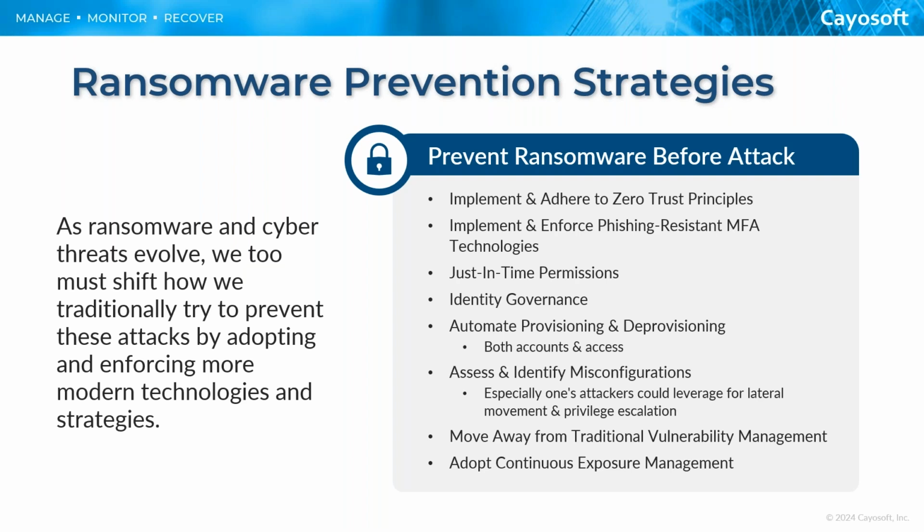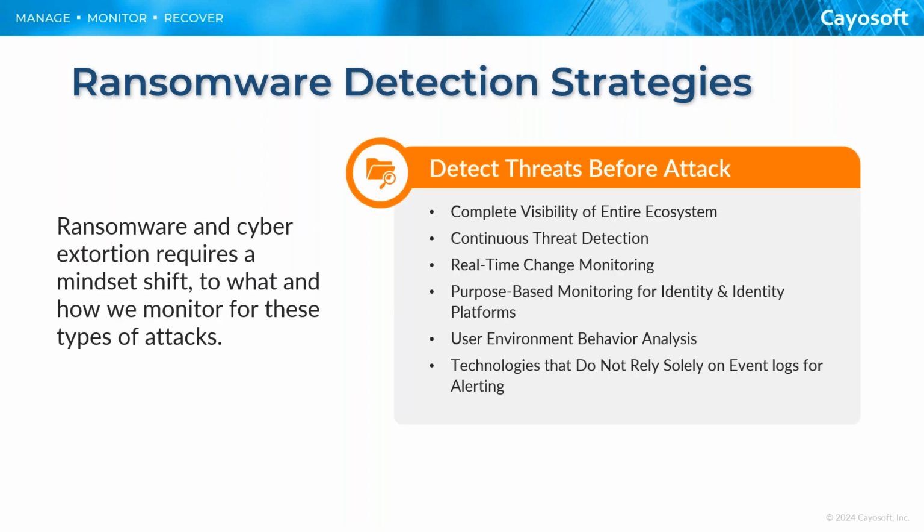So now we talked about prevention. Now let's talk about what we can do around detection. Again, ransomware and cyber extortion requires a mind shift to what and how we monitor for these types of attacks. If we're going to be able to detect attacks in our environment, we have to have complete visibility of the entire ecosystem.